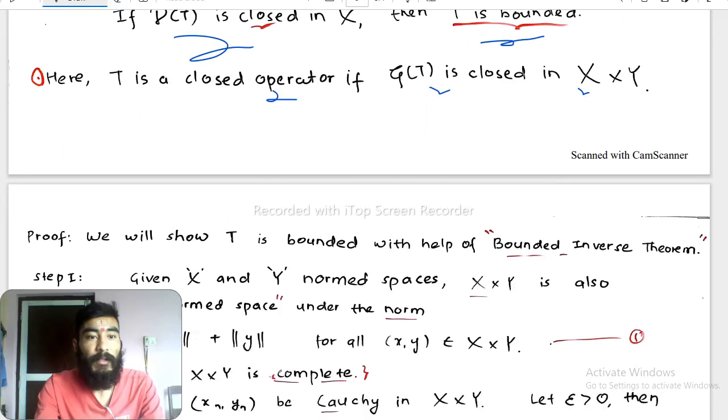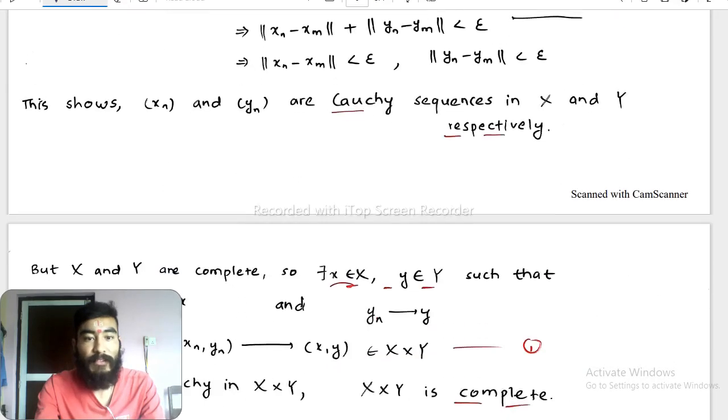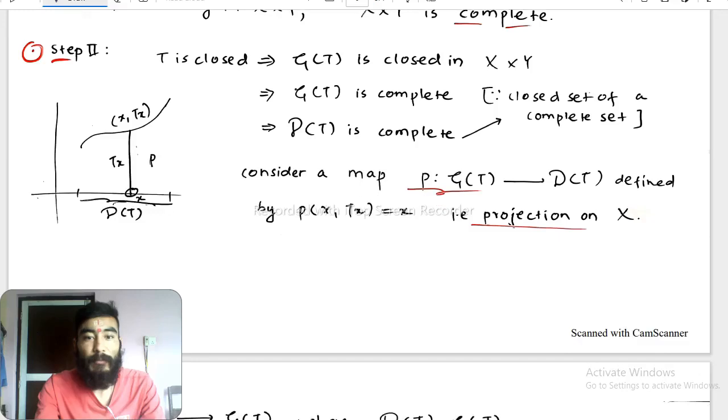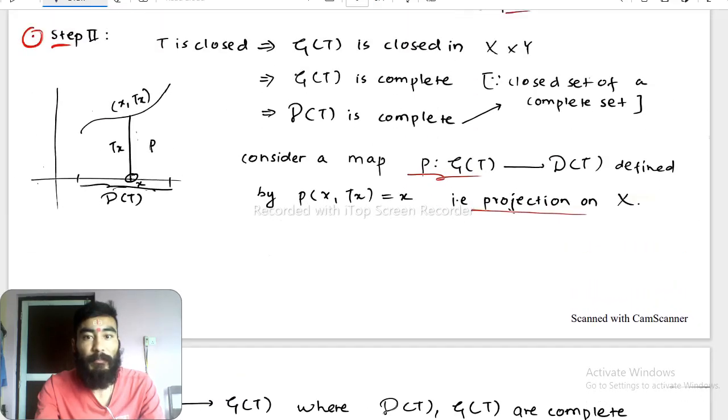Now let's move on to the proof. As I said earlier, we prove this theorem with the help of the bounded inverse theorem. We apply the bounded inverse theorem. To prove this theorem, we define an operator P from G(T) to D(T).